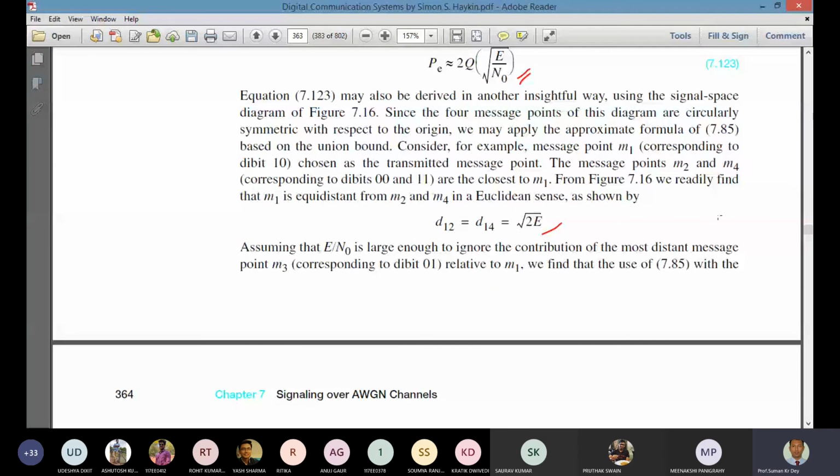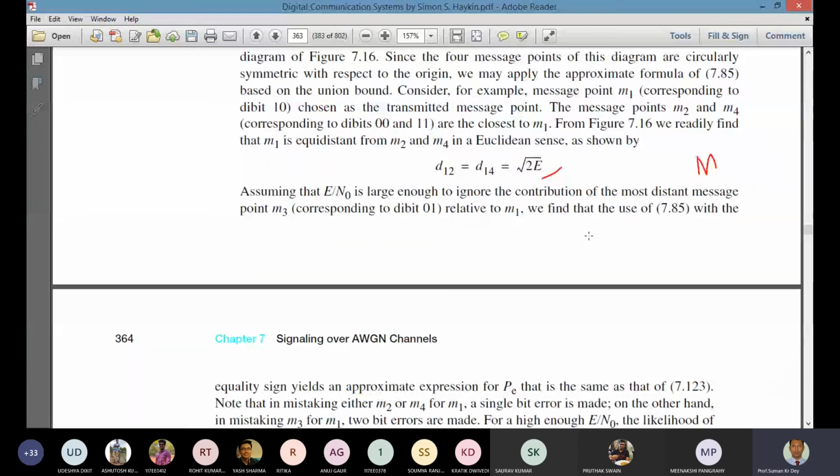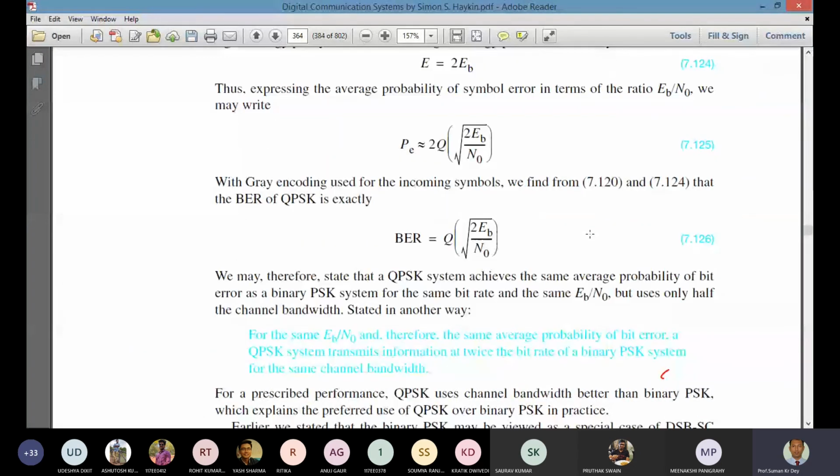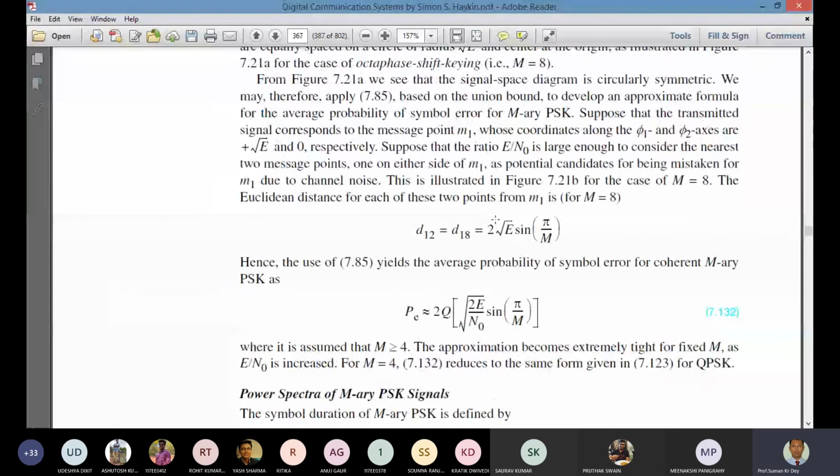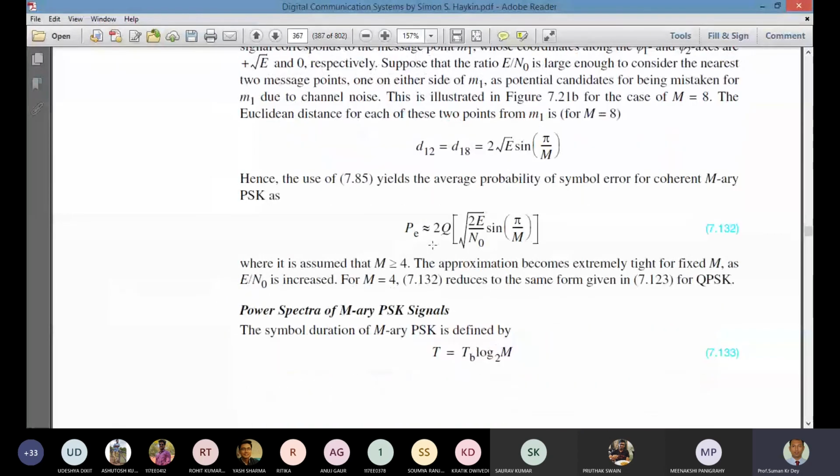So that's why we are getting Pe approximately equal to 2Q. It is not the exact value. This is the approximate value of square root of 2E by N naught sin pi by M.